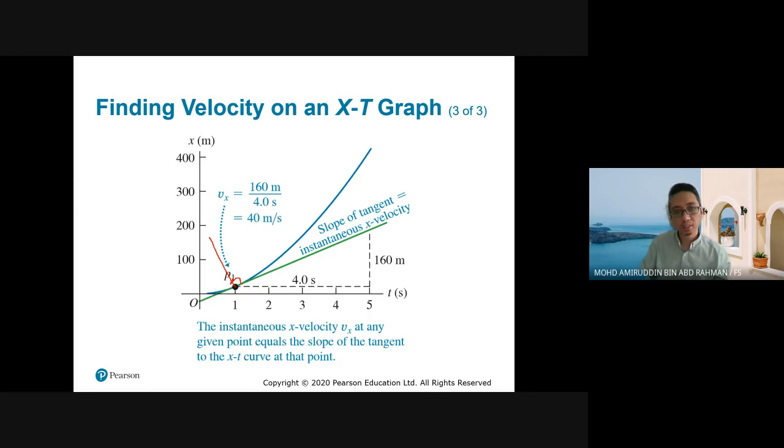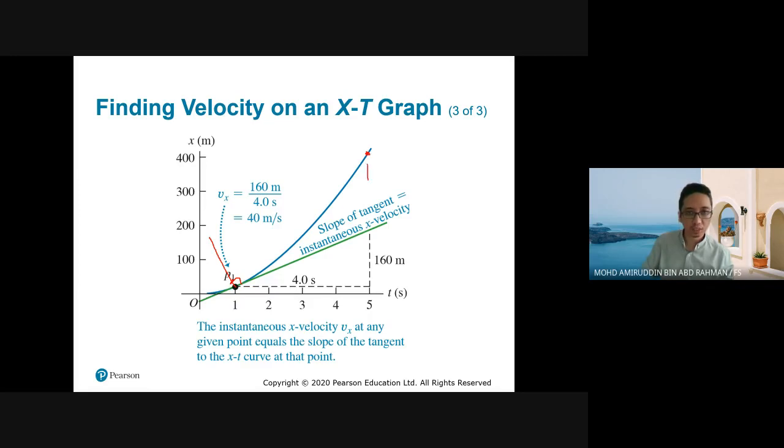So what does that infer? That infers that the speed at the last point before the object stops is much faster than at P1.